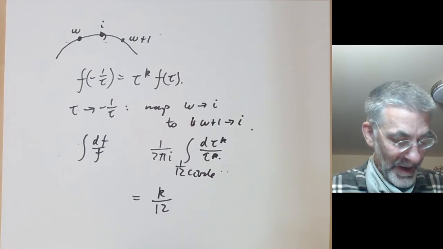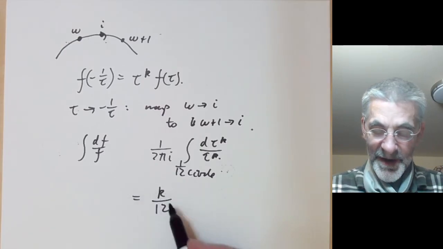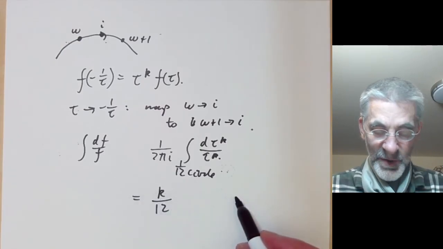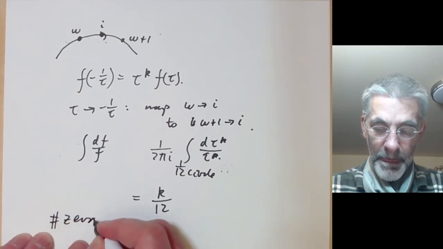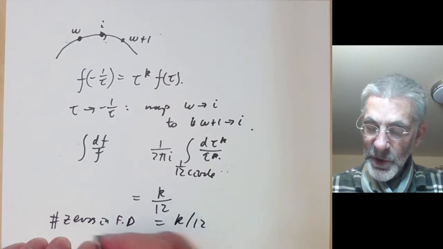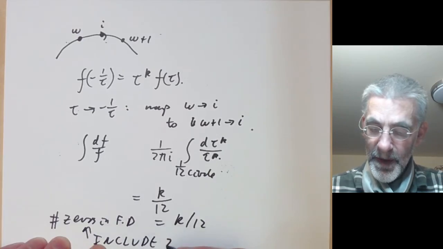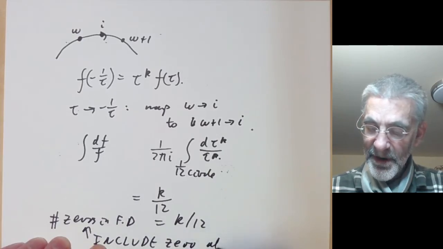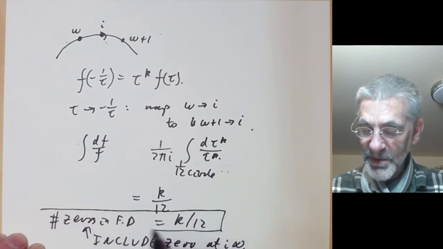So we find the number of zeros of f in the upper half plane is k over 12 minus the order of the zero at infinity. So we find the number of zeros in the fundamental domain is equal to k over 12, where here we include the zeros at i infinity. So this is the result we wanted to prove.